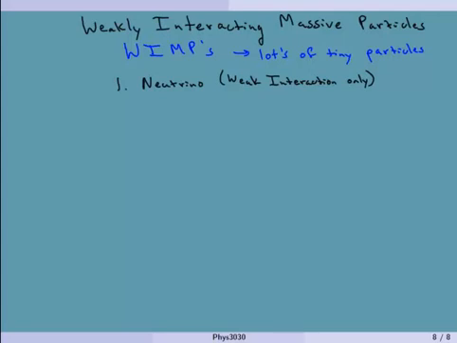However, this is under the category of something called hot dark matter. Okay, and the distinction is that hot dark matter, basically, the particles are moving fast. Because neutrinos are so light, they can move pretty close to the speed of light.